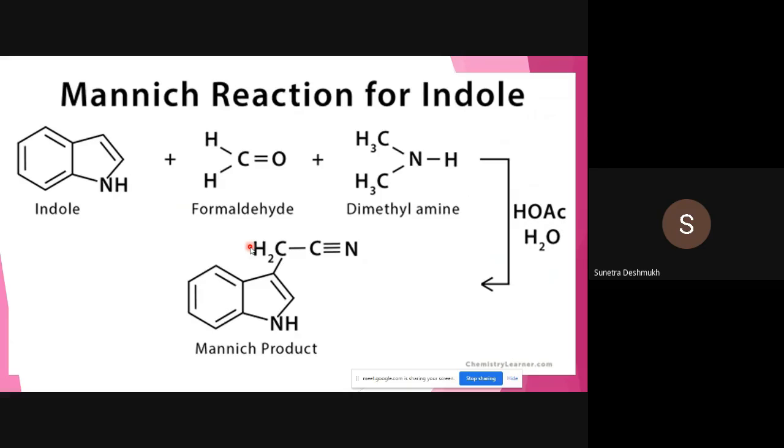Now if we use indole, this is indole, a secondary amine, with nitrogen attached to two carbon atoms. So a secondary amine, and formaldehyde as the non-enolizable ketone.